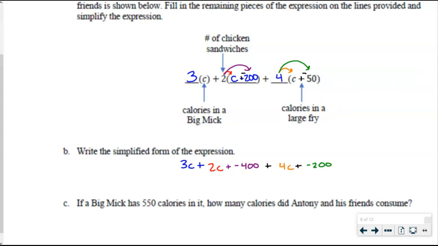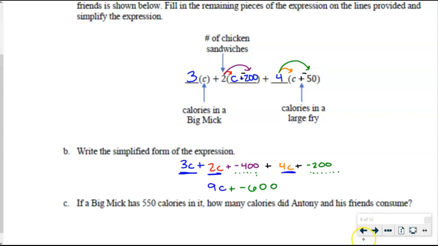We have to do that distribution first. Then we can combine like terms. I have 3C and 2 more C and 4 more C. That means I have a total of 9C. Plus a negative 400 plus a negative 200 means I have plus a negative 600.